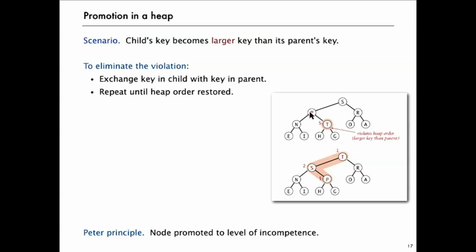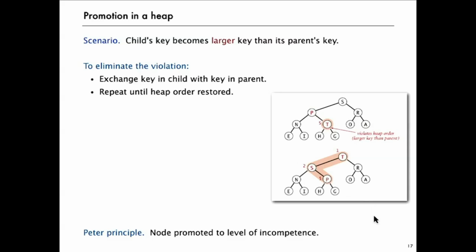But the heap condition will be violated because T is still smaller than S. So we have to do it again, exchange it with S. So we move up the tree, exchanging the larger key with its smaller parent until we get to a point where it's larger than both its children. That's restoring the heap order along a path from the place where it's violated to the root.